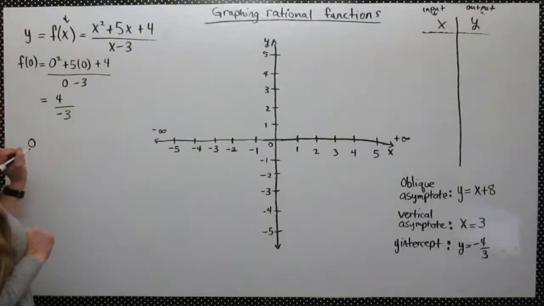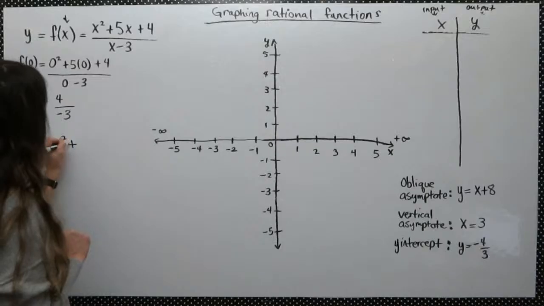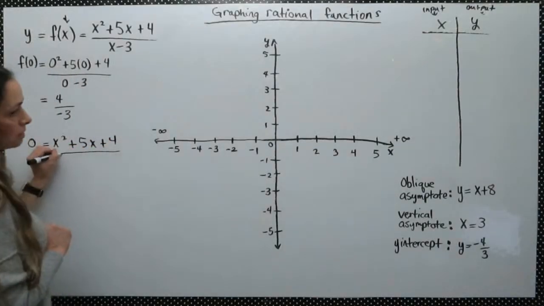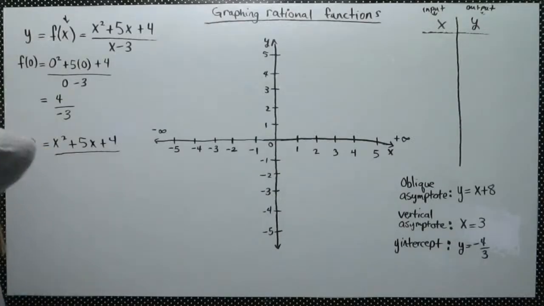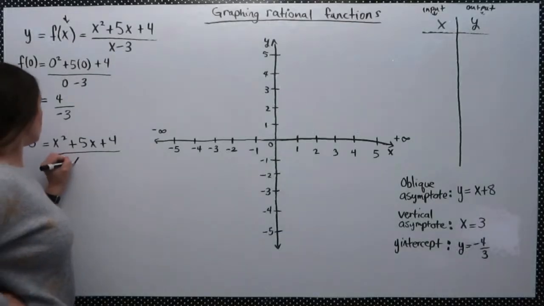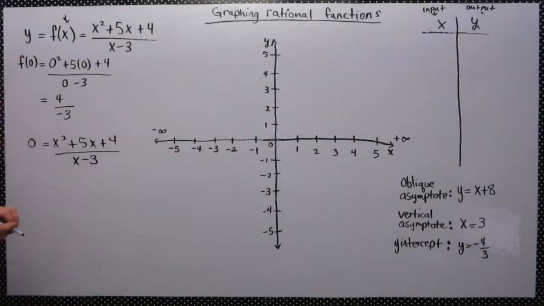So you have 0 equals x squared plus 5x plus 4 divided by, and if I write on the left side of the board, I realize, I'm learning the hard way. It's harder for me to show what I'm writing because I'm left-handed.